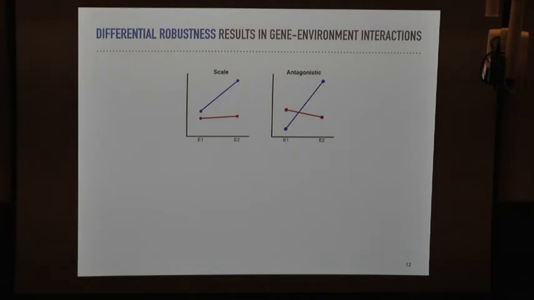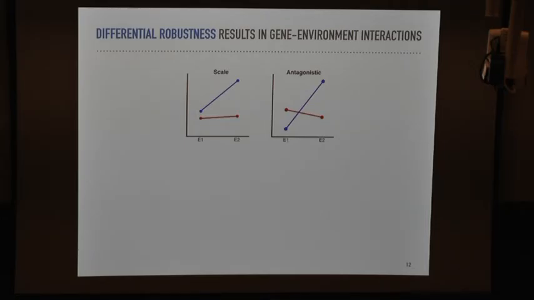The other two classes are scale effect, where in environment 1 the magnitude of difference between the two alleles, blue and red, of a given variant is lesser than in environment 2, and, more interestingly, antagonistic, where one variant is better in one environment and the other variant is better in the other environment.